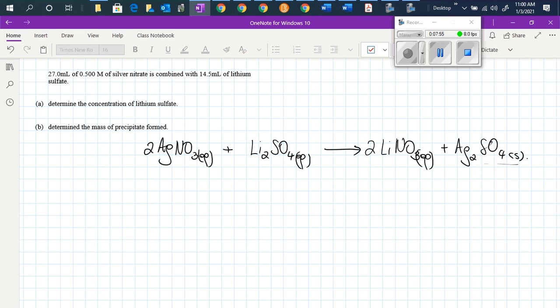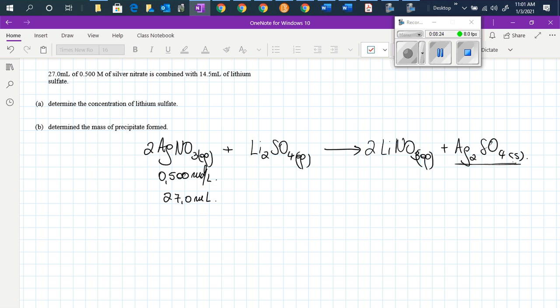And we know that this is the precipitate because it is in solid state. So now see what we have. We have a molarity of silver nitrate of 0.500 moles per liter, and we have 27 milliliters.